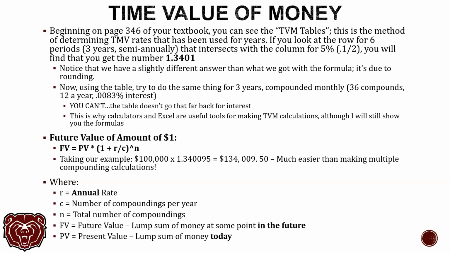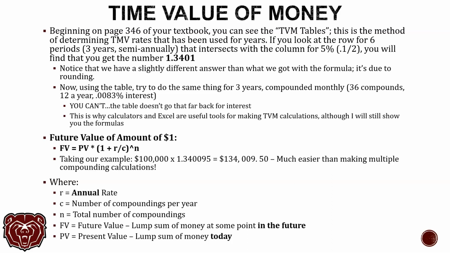So get out your book, look at page 346, and find the row for 6 periods. That's 3 years semi-annually, so 3 times 2. And you're going to find the column that intersects with 5%, or that 10% annual interest rate divided by 2. And you'll find that you get the number 1.3401.